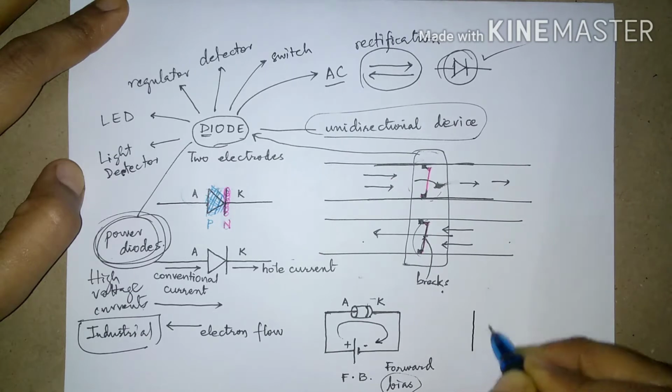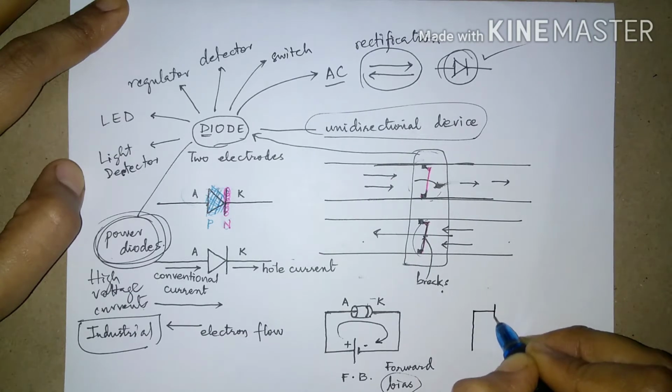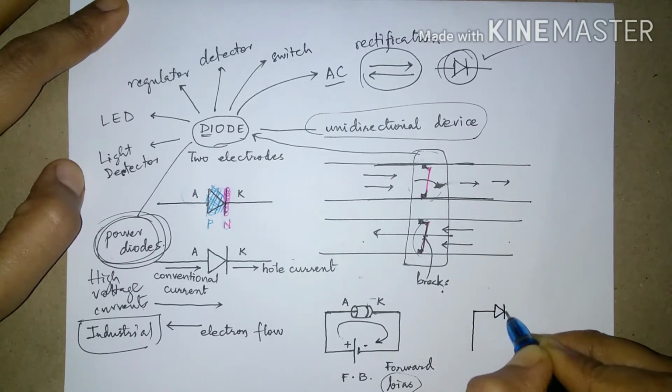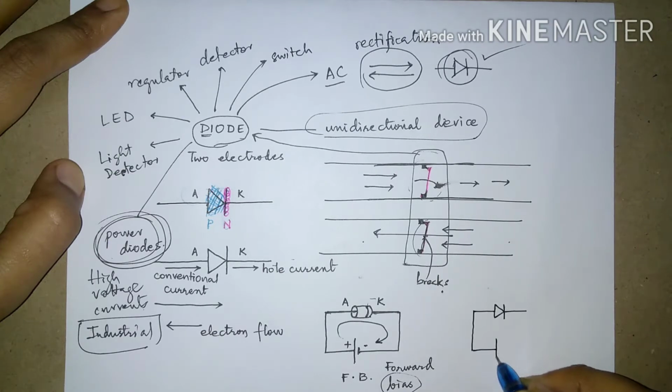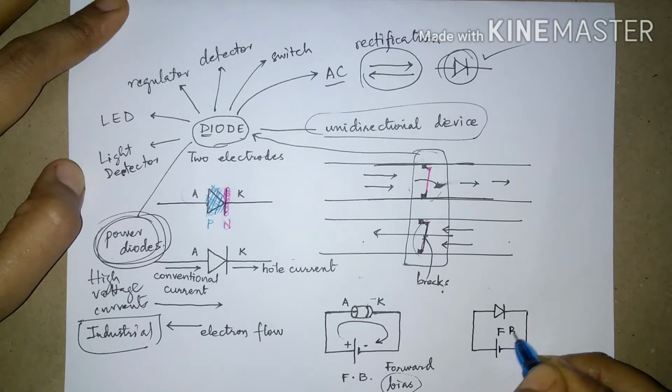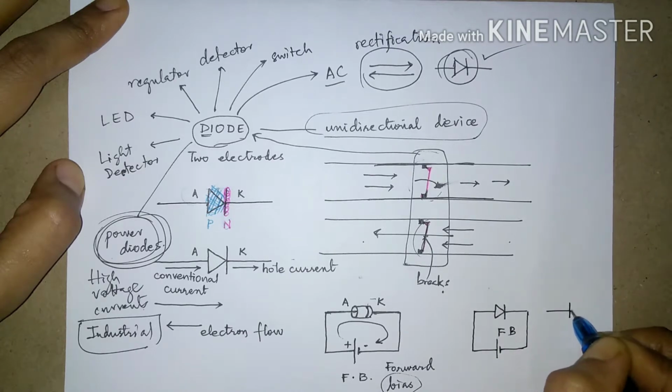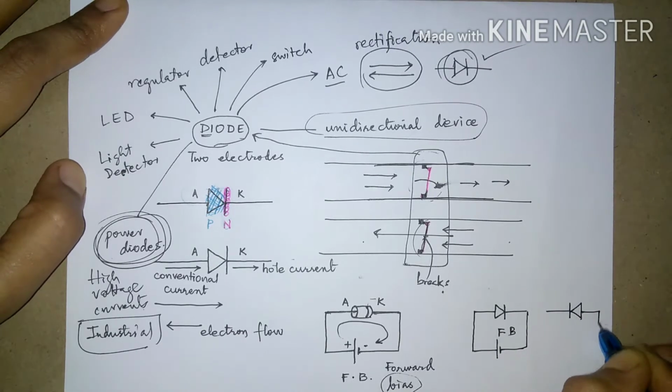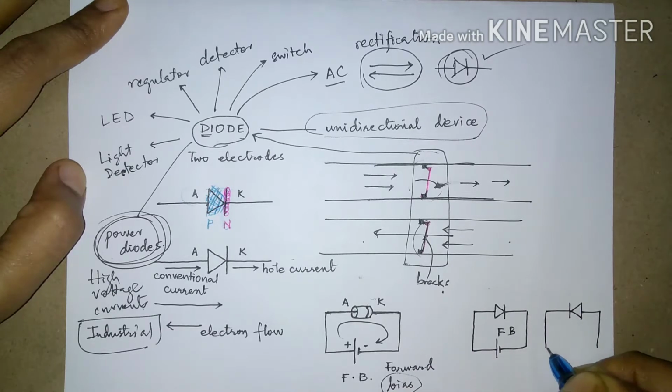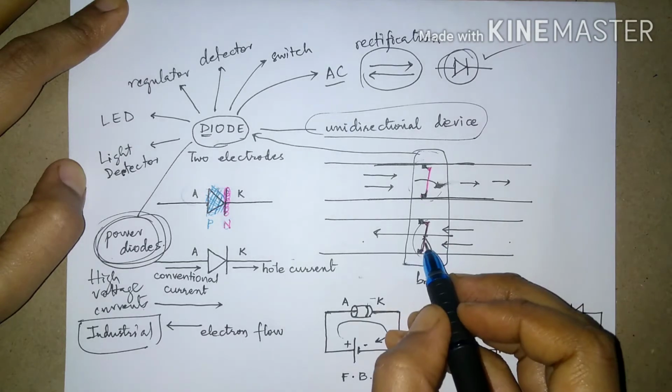And here if I connect the diode the same way, this is forward. If I reverse the connections, then it becomes reverse bias. In reverse bias, it acts like this.